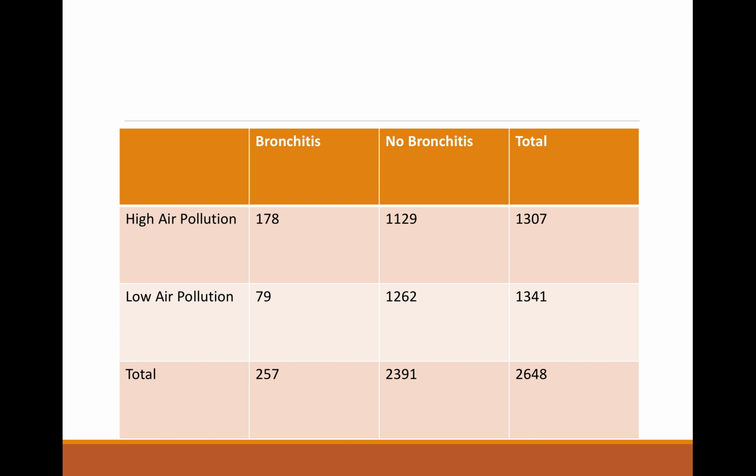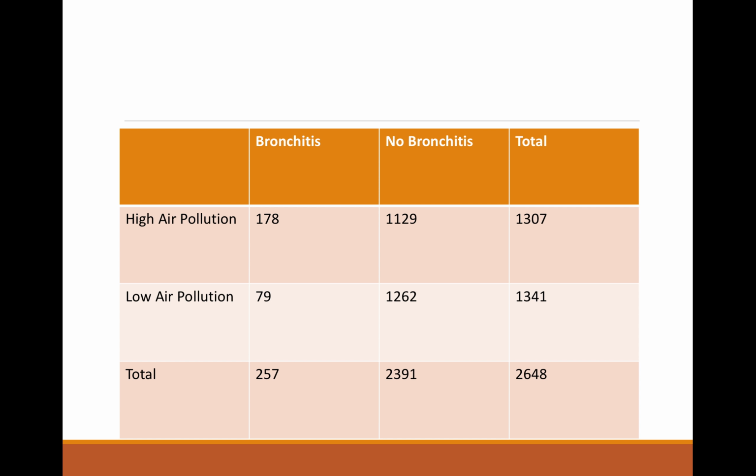So here's my data setup of air pollution and bronchitis. I can calculate a relative risk for bronchitis for those that live in a high air pollution area compared to those that live in a low air pollution area. I would encourage you right now to pause the video and just calculate that relative risk.